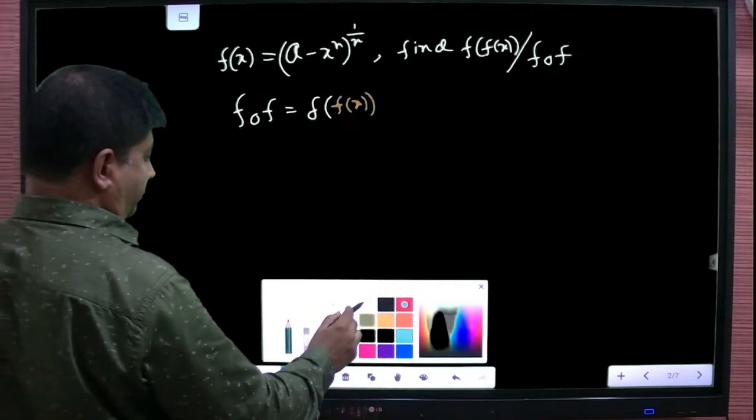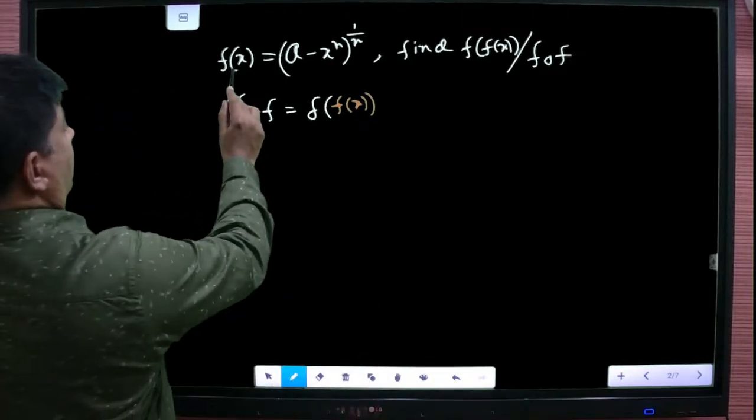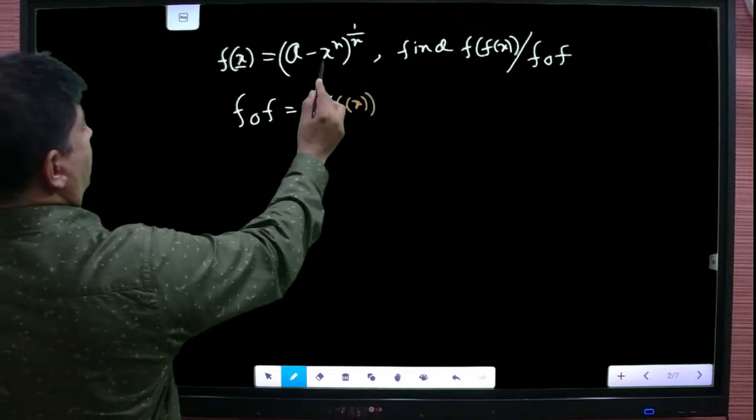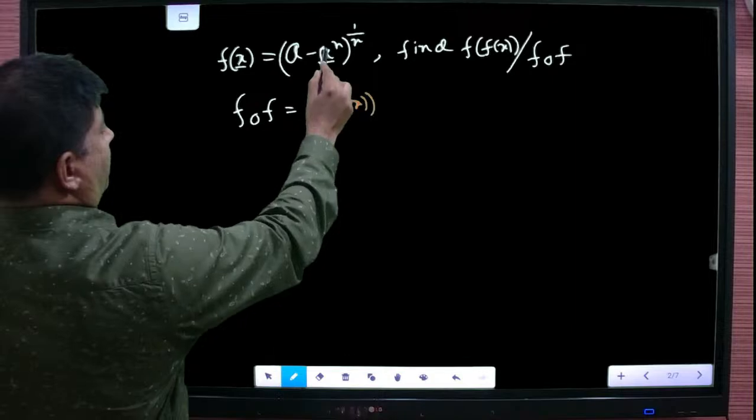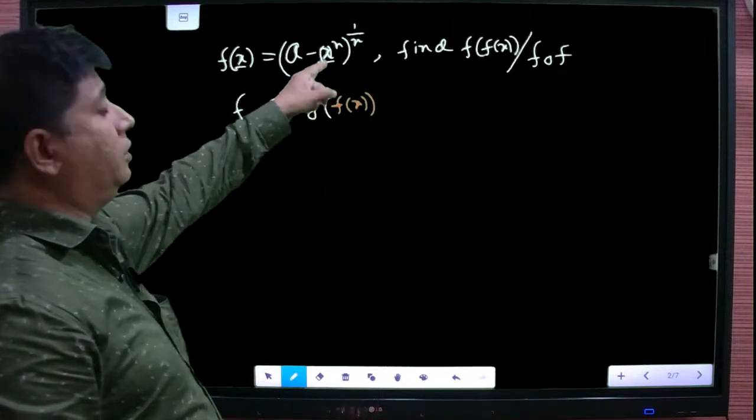Now if, देखो यहां पे x है, यहां पे भी x है. अगर यहां पे हम 1 पुट करूं इसके जगह में, यहां पे भी 1 आ जाएगा. If I put 2, 2 आ जाएगा.